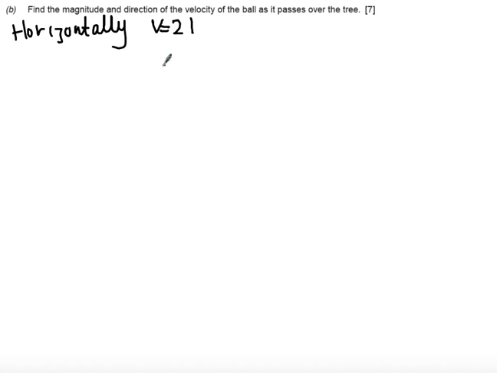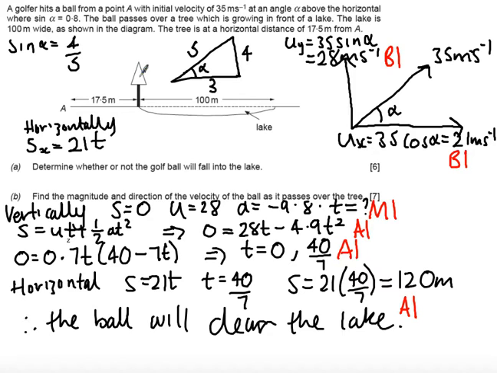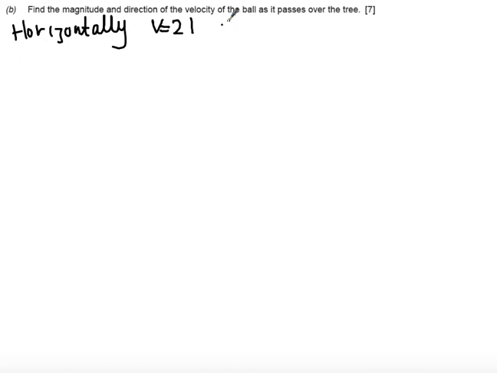velocity. And in order to calculate that, I need to know the time when the golf ball has been displaced horizontally by 17.5 meters. So what I'm looking at here is S equals 17.5, and I want to know what the T equals, and I can still use that equation that we had earlier, S equals VT, 21T.